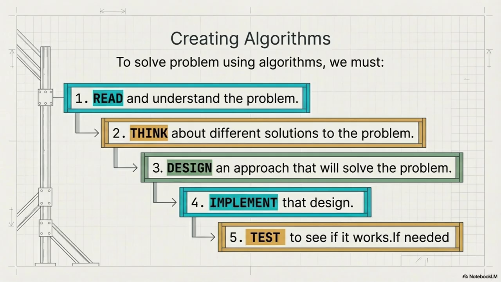Second, think about different solutions to the problem, followed by designing an approach that will solve the problem. Fourth, implementing that design. And finally, test your program to see if it works, if needed.